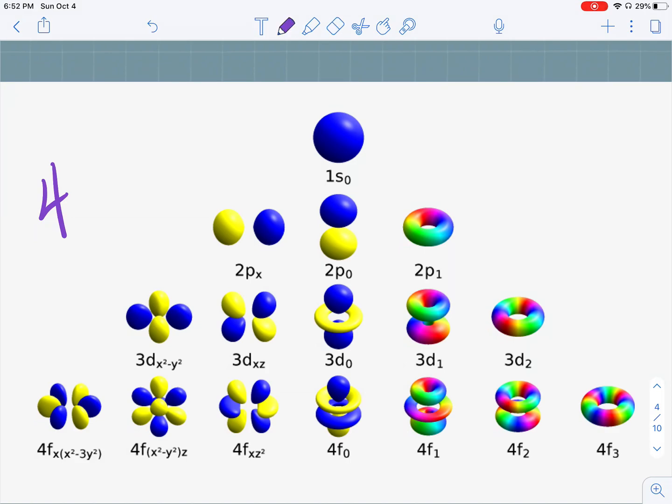So the simplest of the shapes is the sphere shape, which is called an S sublevel. The more complicated shapes that you see in the next row are called p orbitals, or the orbitals of the p sublevel. The even more complicated ones here all go along with the letter D. So that's called a D orbital, or a D sublevel.